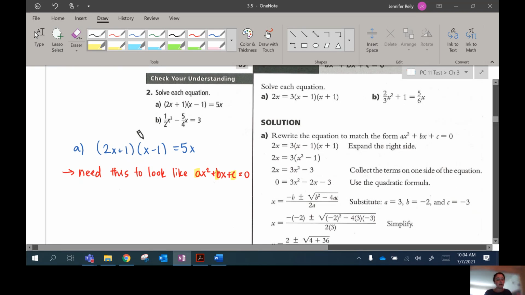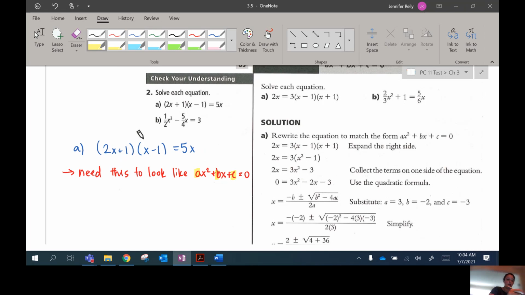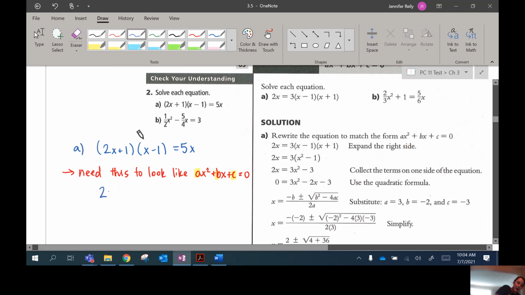So in this case, if I want to apply the quadratic equation, I need to FOIL it out and move everything over to the left-hand side. So this would be 2x squared minus 2x plus 1x minus 1 equals 5x. And then I'm just going to move the 5x to the other side and collect all those like terms.